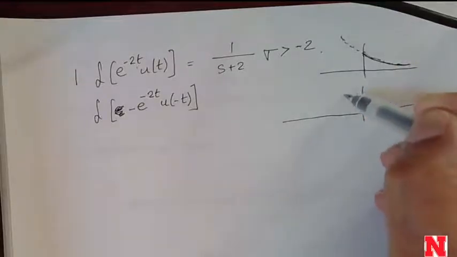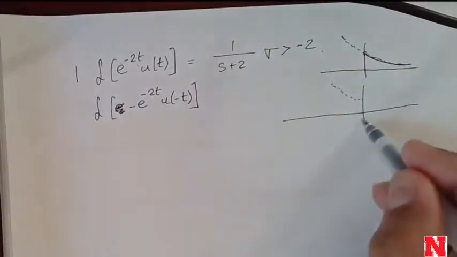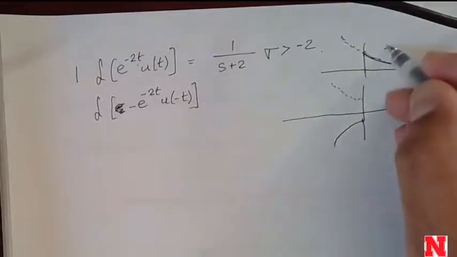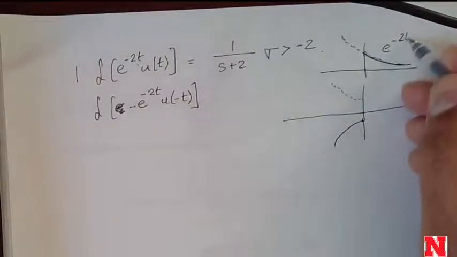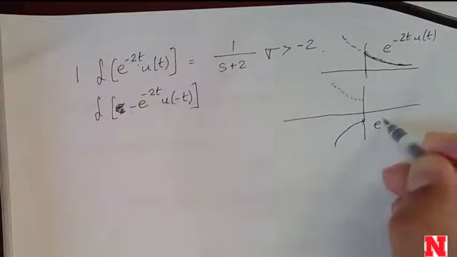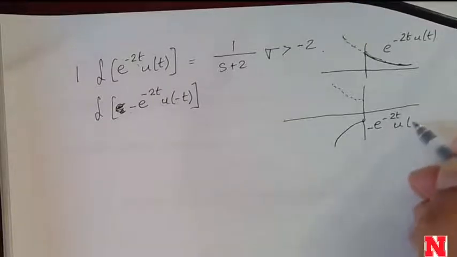So it would be this part. But then we have this minus out in front, so it's actually this. So this is e to the minus 2t u of t, and this is minus e to the minus 2t u of minus t.